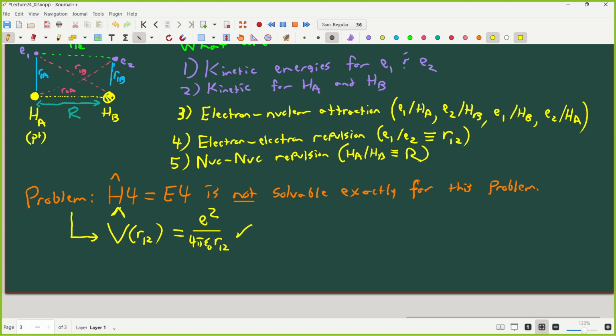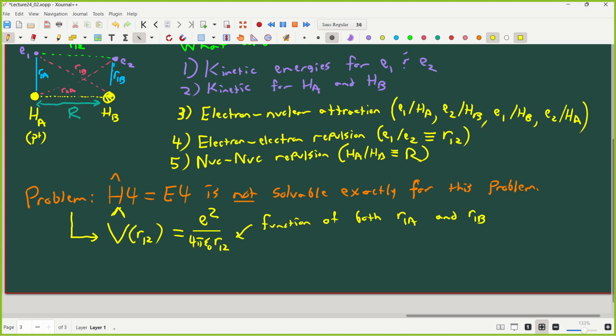It is a function of both R1a and R1b. Imagine that electron 1 starts to rotate around the proton counterclockwise, moving around into the internuclear axis.